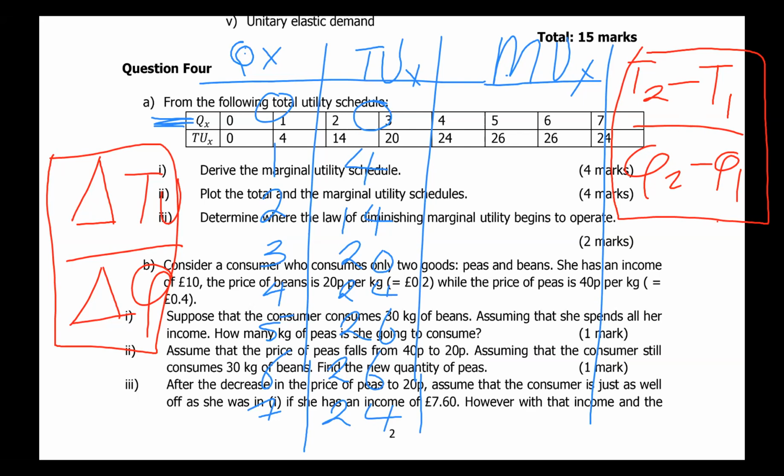At the first unit, total utility is equal to marginal utility. That's what we said even from the graph that I drew. Total utility and marginal utility start from the same point. So when total utility at the first unit is 0 here, marginal utility is 0.